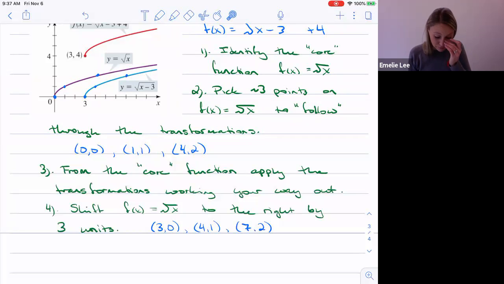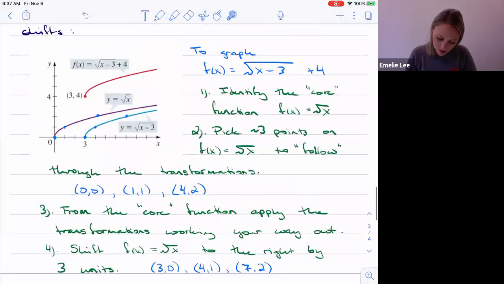Okay. So then if we're working our way out, okay, x minus 3, so we've graphed the root of x minus 3. So then what we can do is we can apply the plus 4. So for each y, vertically it behaves the way we want it to. So for each y, we're just going to add 4.